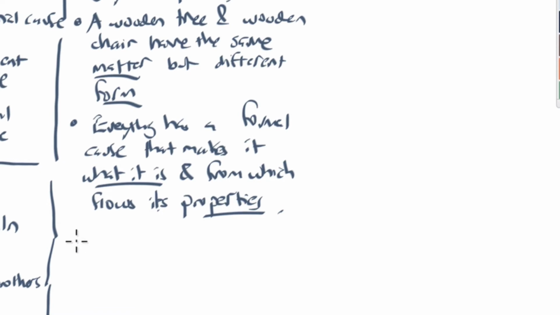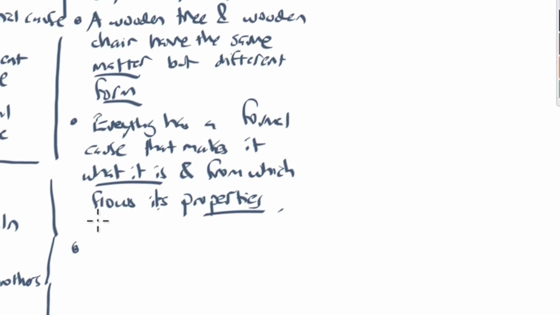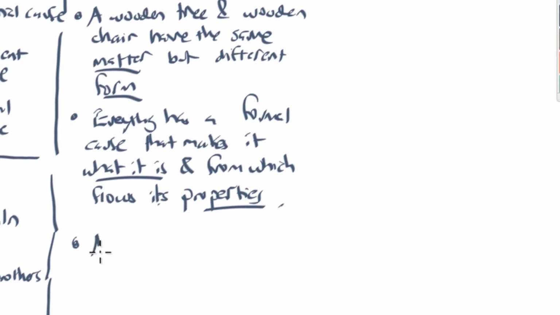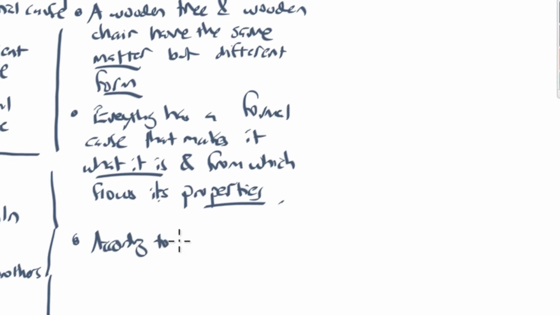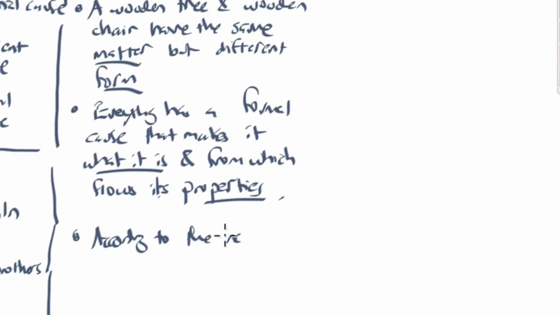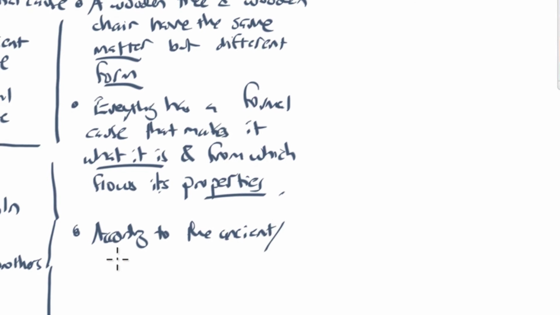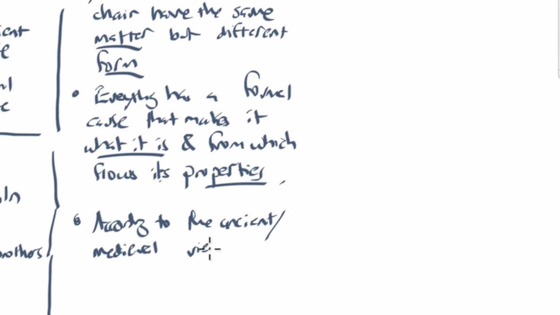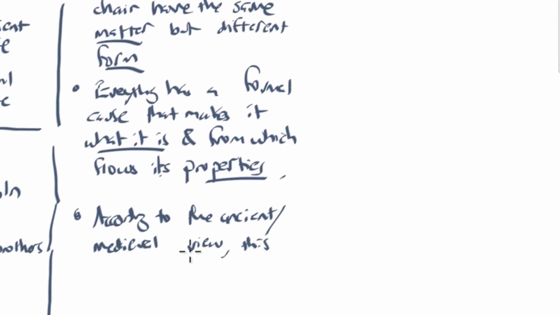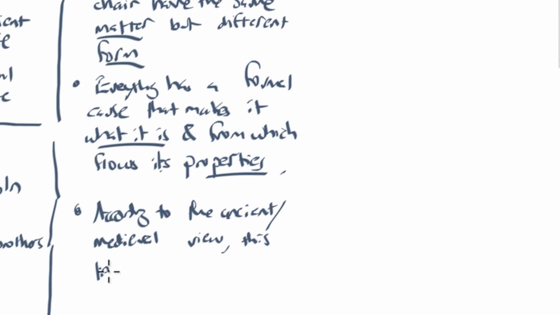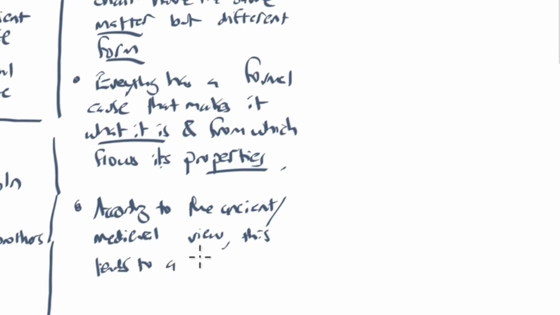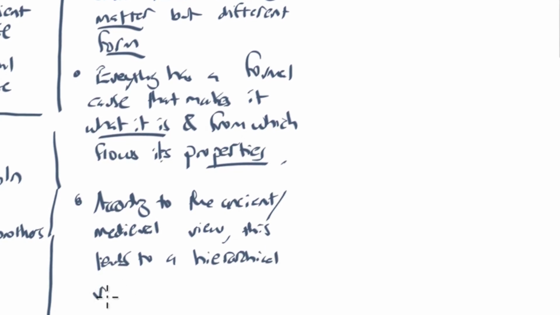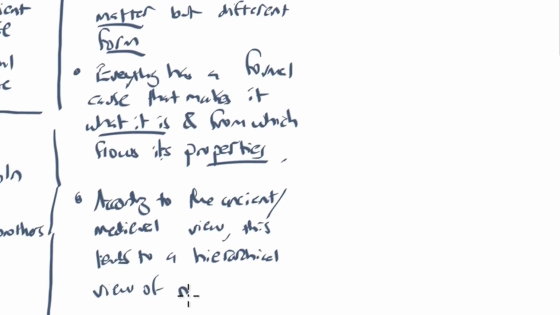And this gives rise to a hierarchical view of created things or corporeal things. According to the ancient and medieval worldview, this approach leads to a hierarchical view of nature.